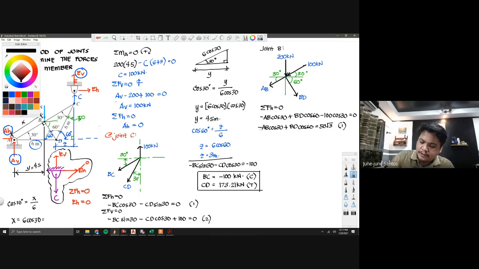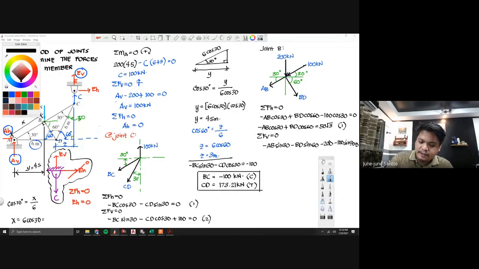Okay? So again, summation tayo ng forces vertical equal to 0. So I will have it as negative AB sine of 30 minus BD sine of 60 minus 200 kilonewton downward and then minus 100 sine of 30 equal to 0. Okay?